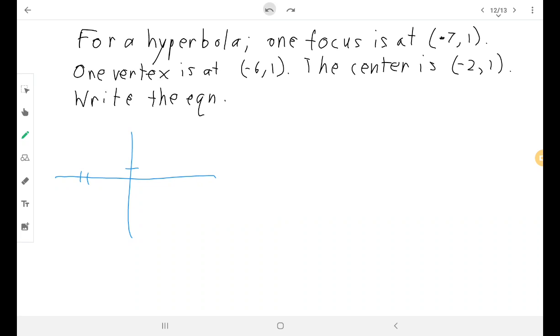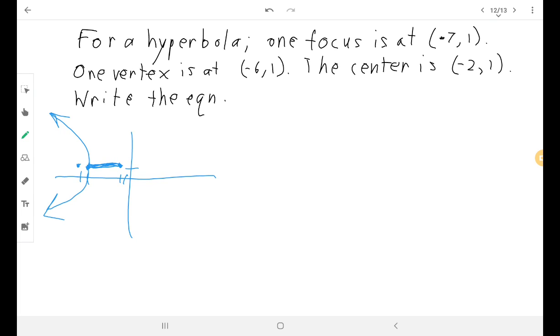Oh no, not on the axis though, up here. So that means that roughly it's going to look like that. And then over on the other side, we're going to get the same thing, but let's mark our center. Negative 2, 1. So then, what is this A distance?